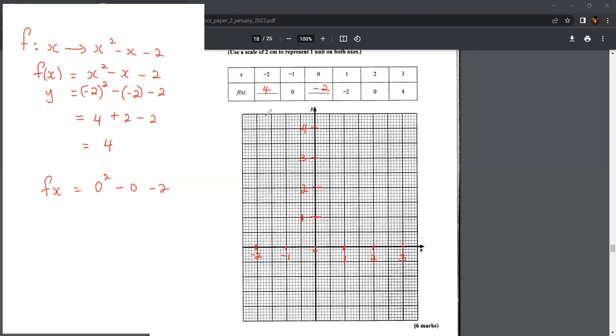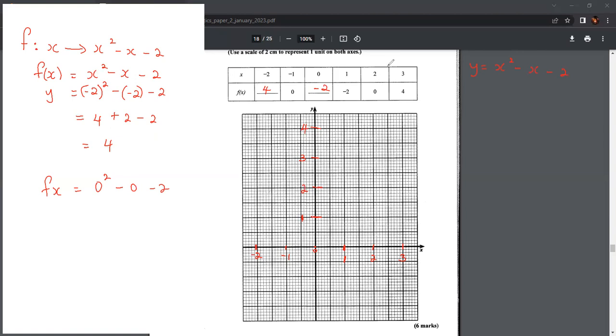This one you have to sketch the graph. They gave us the equation as y is equal to x squared minus x minus 2. So in a case like this, remember we got some values of x.